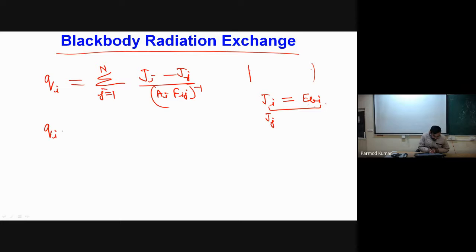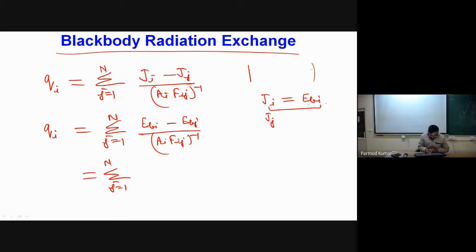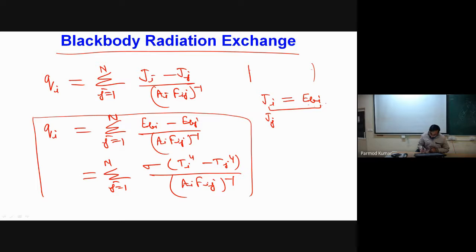Under that scenario, I can write Qi equal to summation j varies from 1 to n, in place of Ji minus Jj, EBi minus EBj divided by (1 over Ai Fij). From the Stefan-Boltzmann law, this will be sigma constant (Ti^4 minus Tj^4) divided by (1 over Ai Fij). This is the radiation exchange if all my surfaces are black bodies.